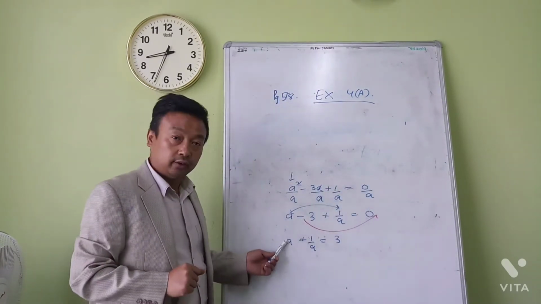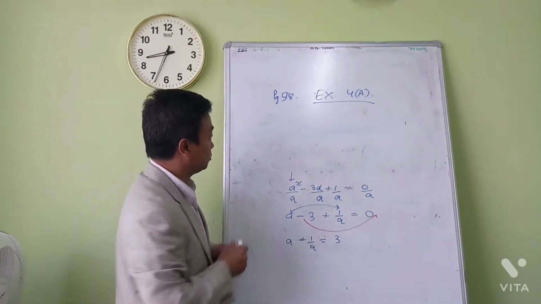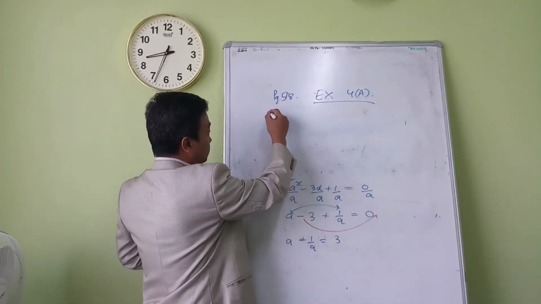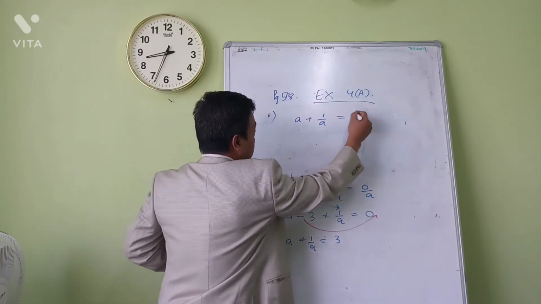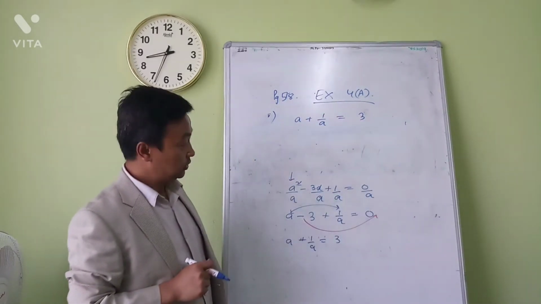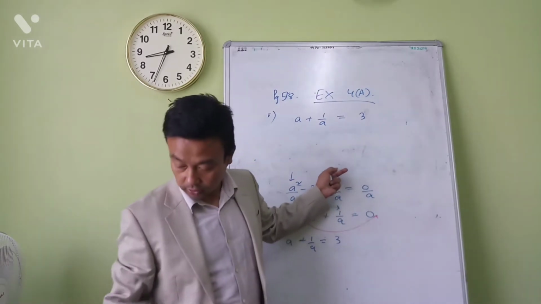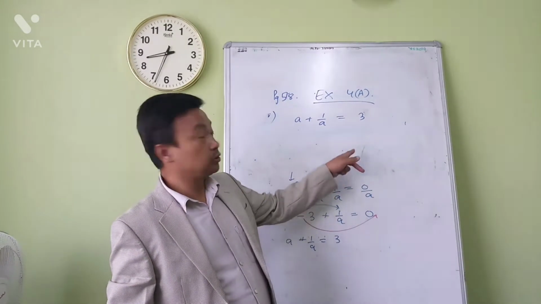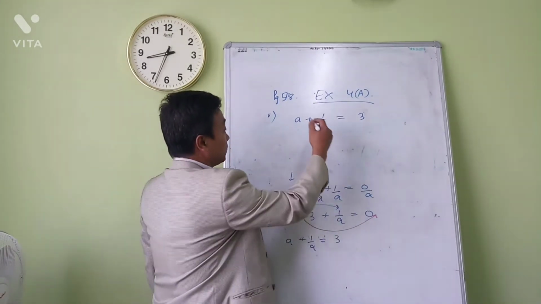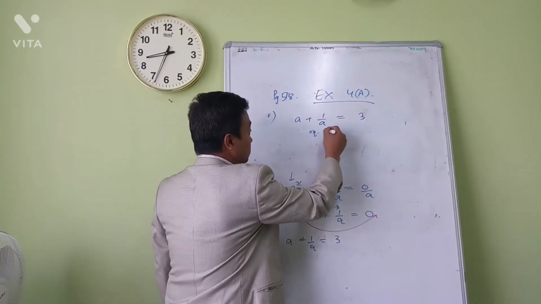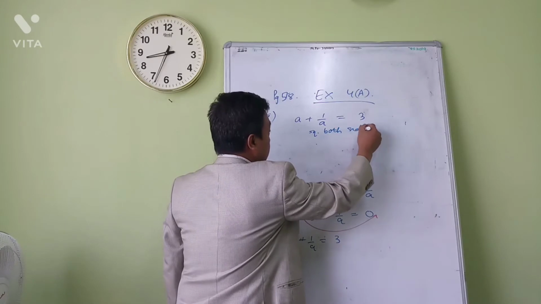We just got the value of a plus 1 by a equals to 3. So let us take that. A plus 1 by a equals to 3. Alright. Now since in the second part what we have to find is a square plus 1 by a square, you can square both the sides. So we can write that as squaring both sides.